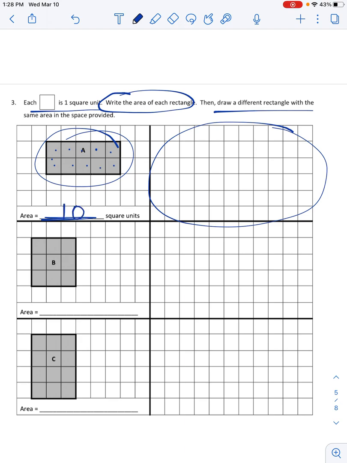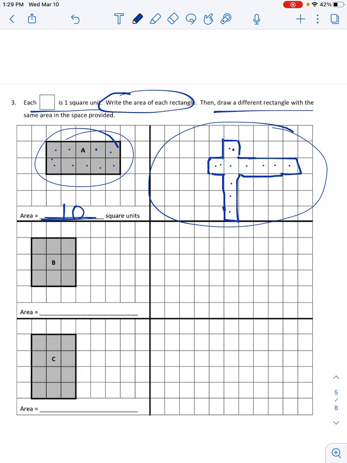Now keep in mind, if you have the answer for this one, 1, 2, 3, 4, 5, 6, 7, 8, 9, 10, if that's the answer, I can't do something like this. Oops, my thing got all squiggly. 1, 2, 3, 4, 5, 6, 7, 8. I can't do this.